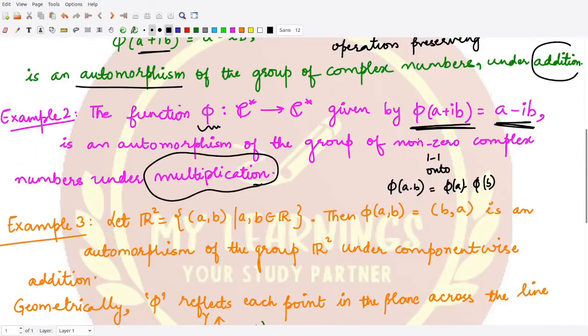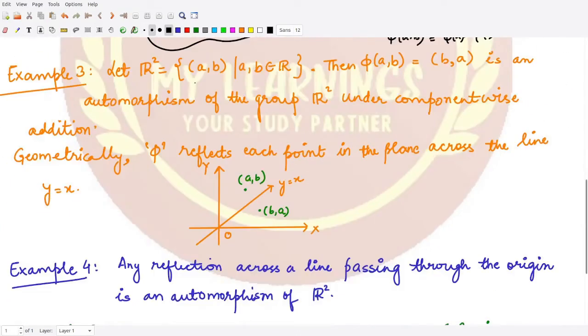As for the next example, let R square be the set of all duplets, that means points where the first entry is a real number and the second entry is also a real number. So all of the points of the real plane xy. We define the mapping like this: if we input the point (a, b), we get the reversed point (b, a).